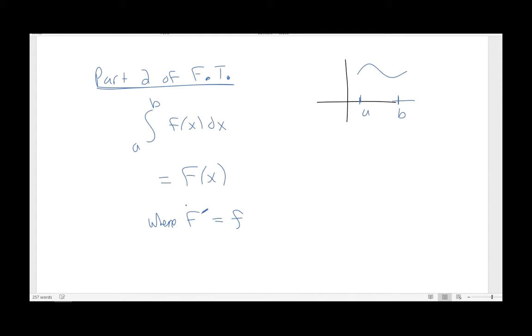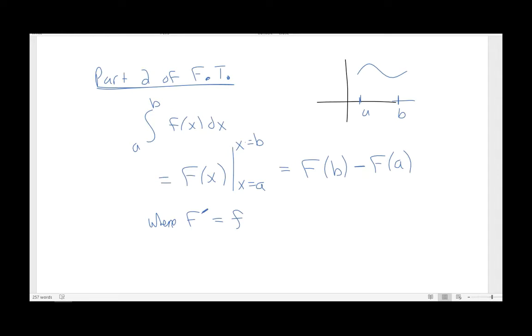Notationally, we say we evaluate from x equals a to x equals b. So fundamental theorem part 2 says we find the antiderivative of our integrand, and then evaluate from a to b. What that really means is we plug in the upper limit and subtract with the lower limit plugged in. And that is going to calculate the area for me as a quote-unquote shortcut.